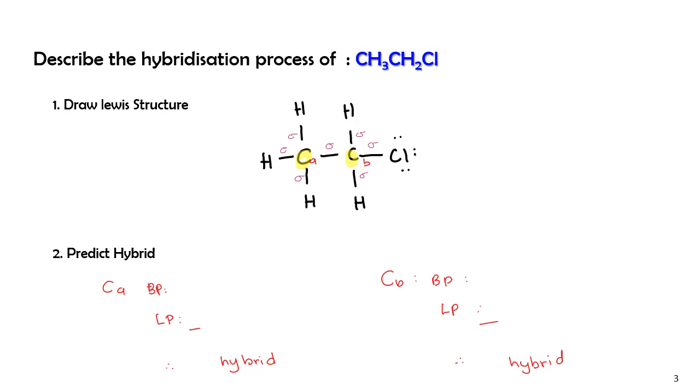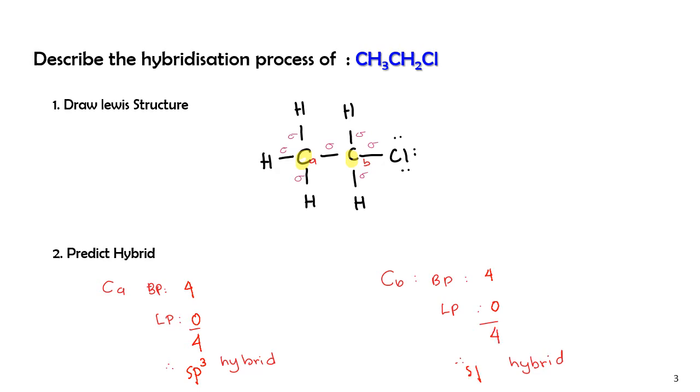So for carbon A, 4 bonding pairs, 0 lone pair, so the total will be 4. Therefore, this will be sp3 hybrid. And for carbon B, same also, 4 bonding pairs, 4 sigma bonds, and 0 lone pair for the total electron pair.